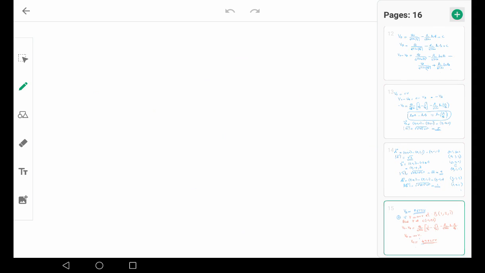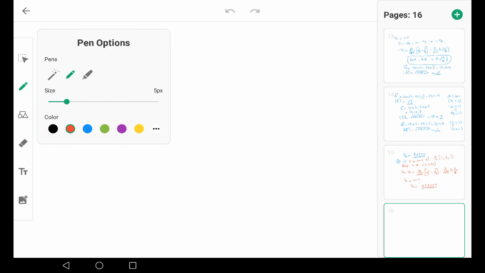The third part of the question is question C. If V equal to minus 5 volt at the point O, find VBC.